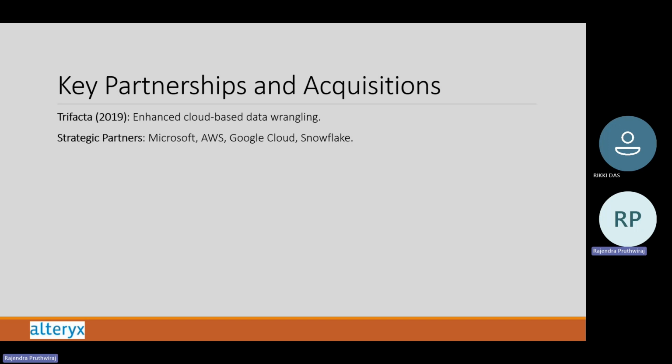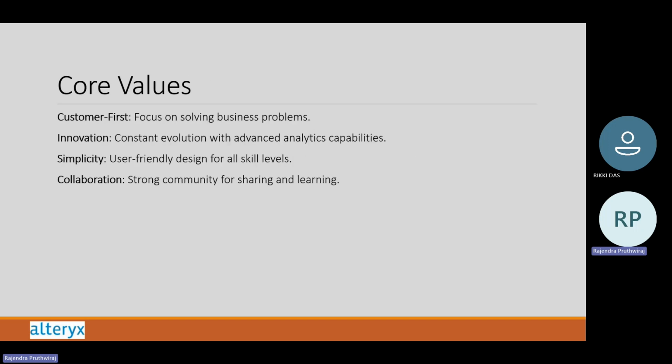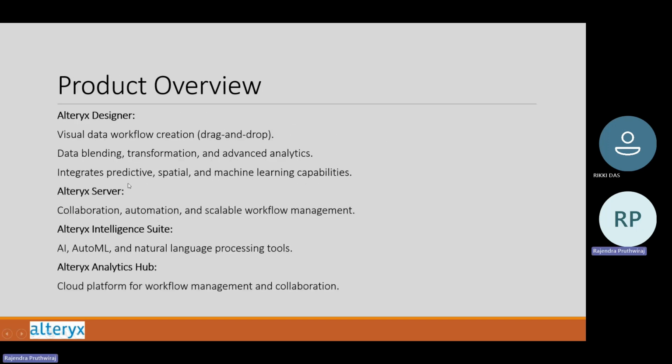Key partnerships and acquisitions: strategic partnerships with Microsoft, AWS, Google Cloud, and Snowflake. Alteryx acquired Trifacta in 2019, and Trifacta is nothing but the server which we are talking about.